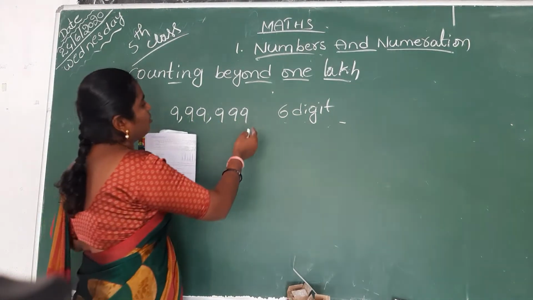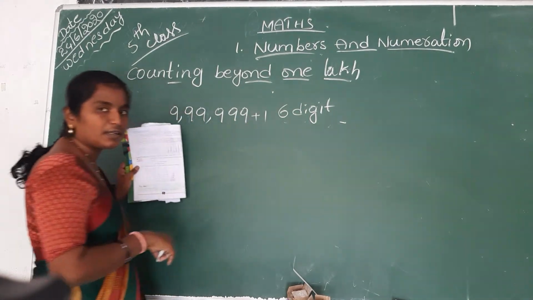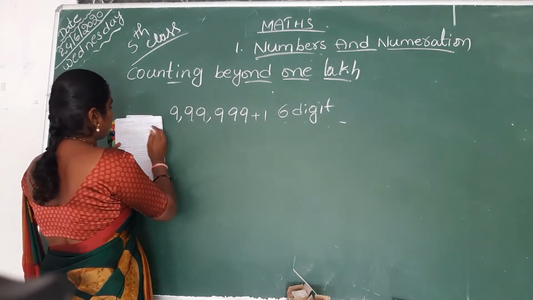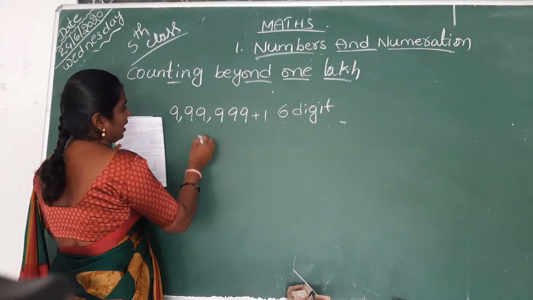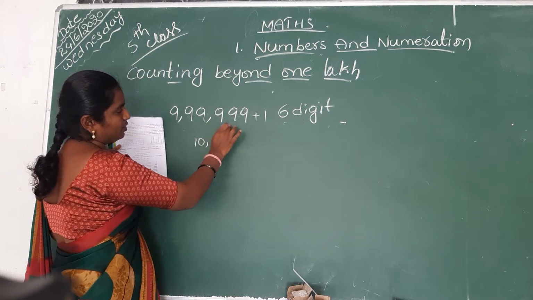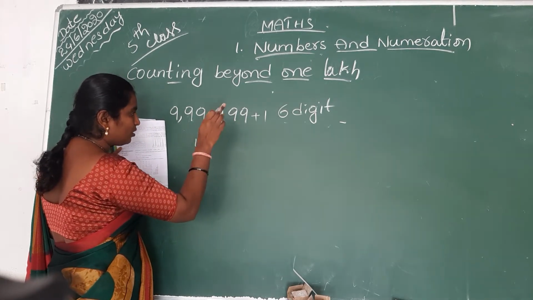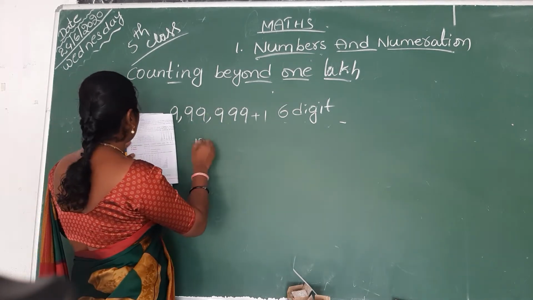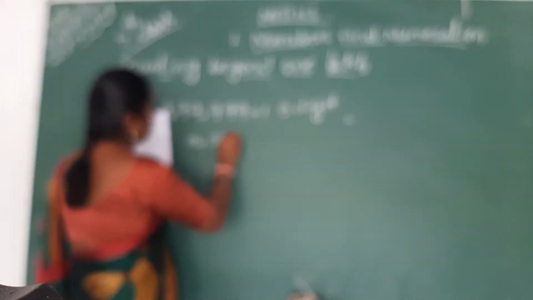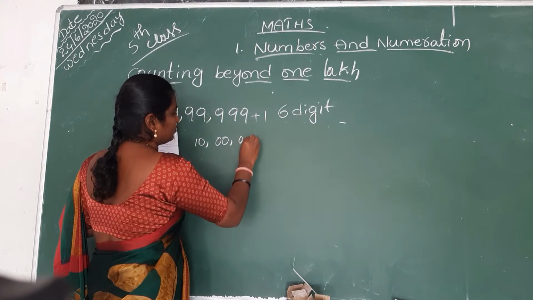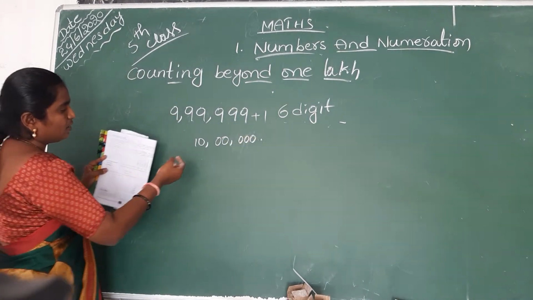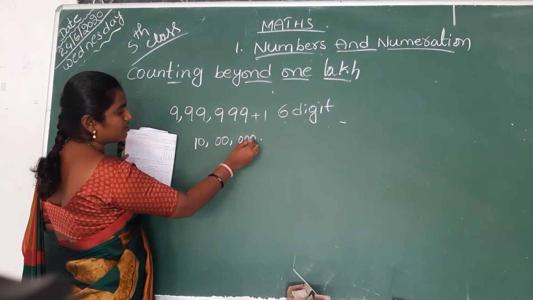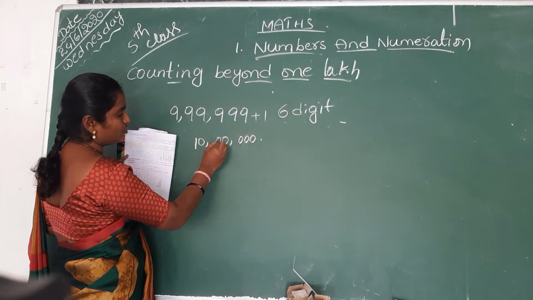If you add one to this number, which number will we get? 10 lakhs. If you add only one to 9,99,999, we get 10 lakhs. See here, it now has 7 digits: 1, 2, 3, 4, 5, 6, 7.